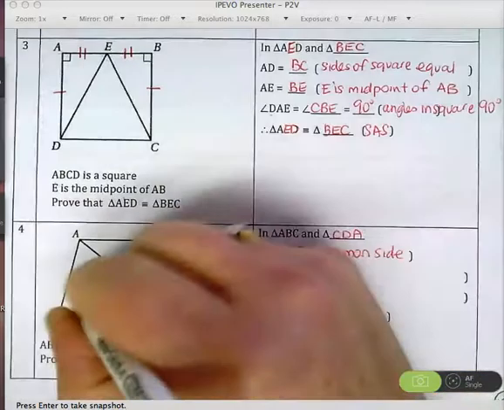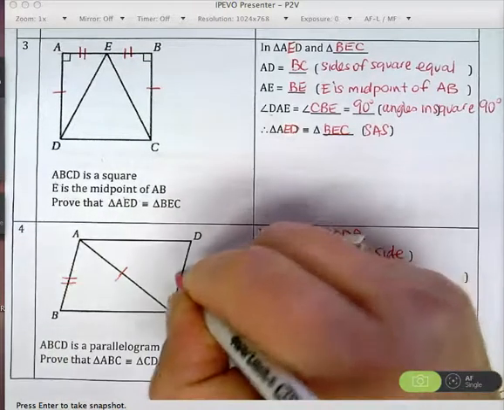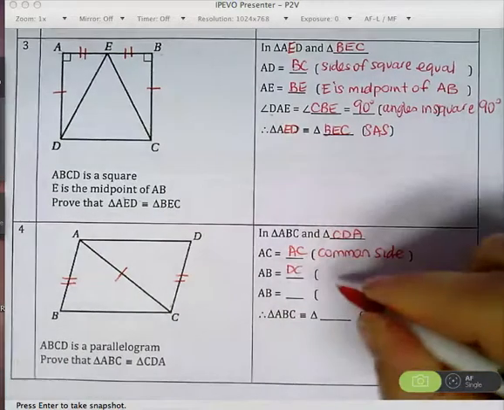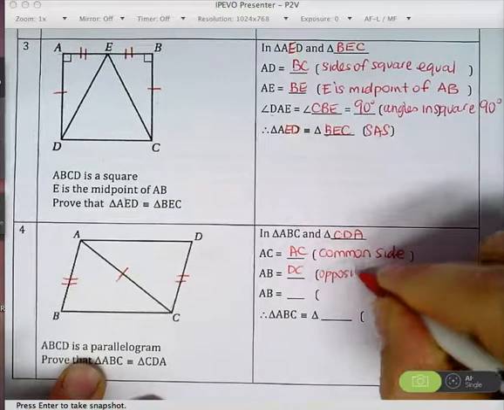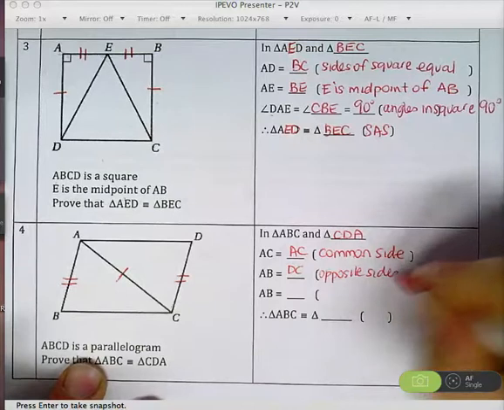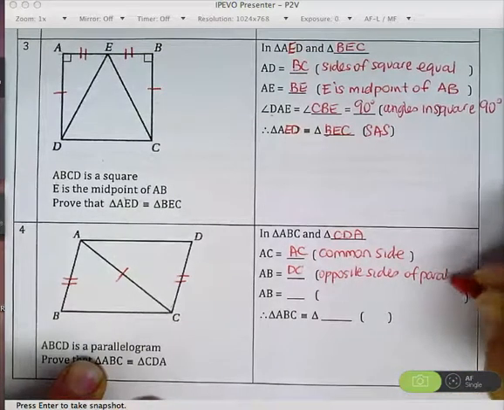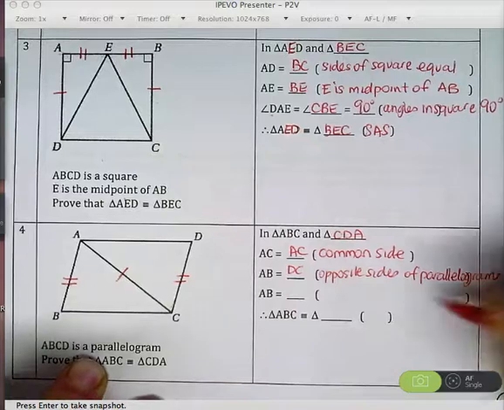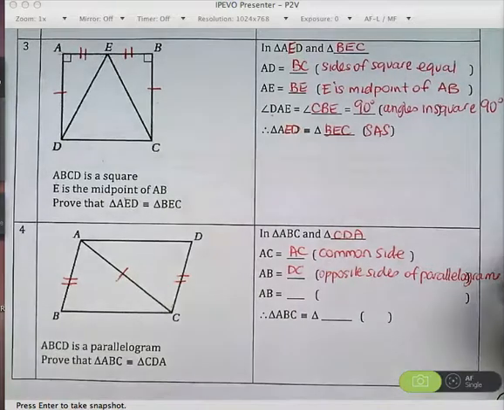We also know that AB equals DC. Reason, they are opposite sides of parallelogram which are equal. So opposite sides of parallelogram is fine.